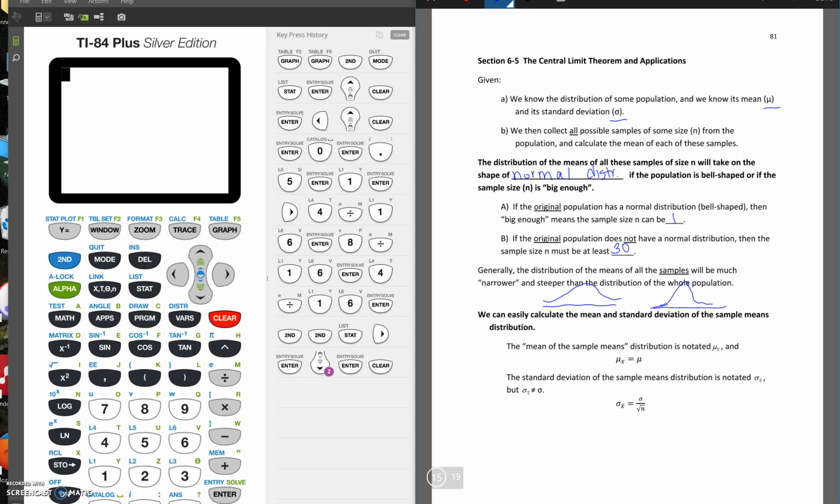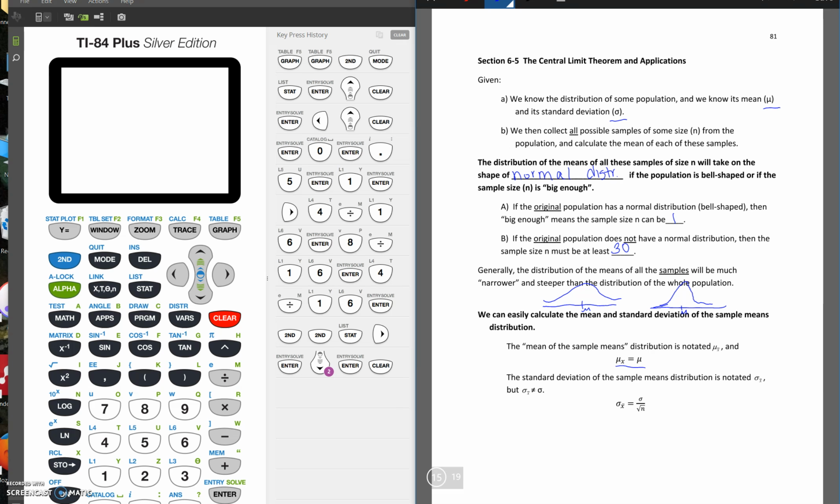So we can easily calculate the mean and the standard deviation of the sample means distribution. For this new distribution, the mean is going to be the exact same as the mean of the original. So the centers are going to be in the same spot. But as we talked about, the standard deviation is smaller.